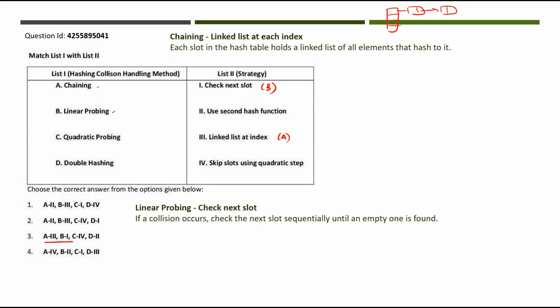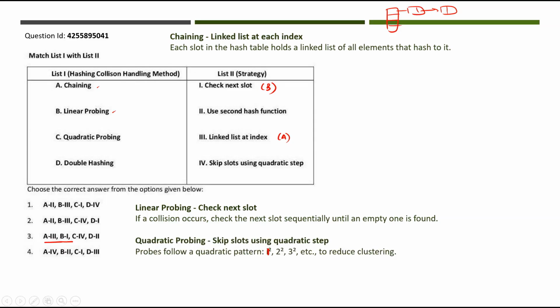Next we will go for quadratic probing. Probes will actually follow a quadratic pattern to reduce clustering. So here we will go with skip slots using quadratic step. So when you take this 2 square, 3 square and all, you may have to skip slots. So C will be mapping to 4.